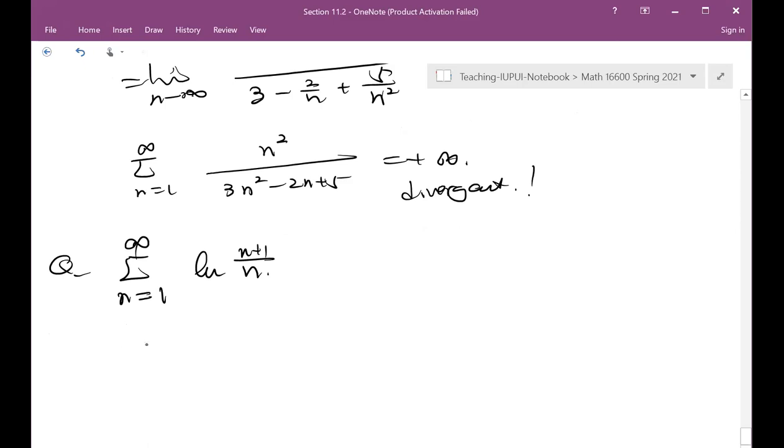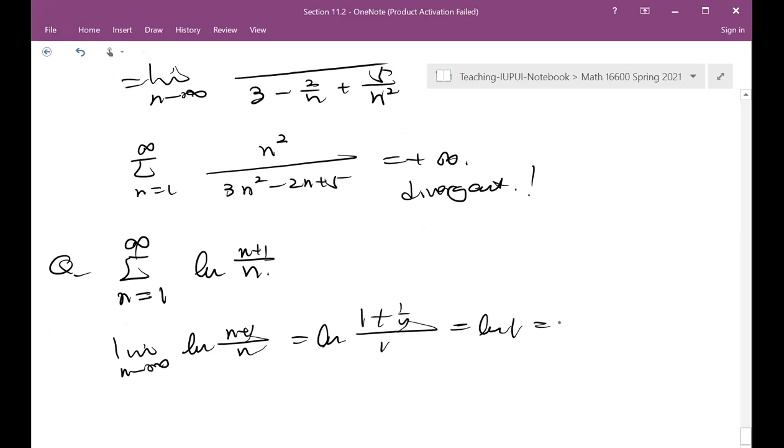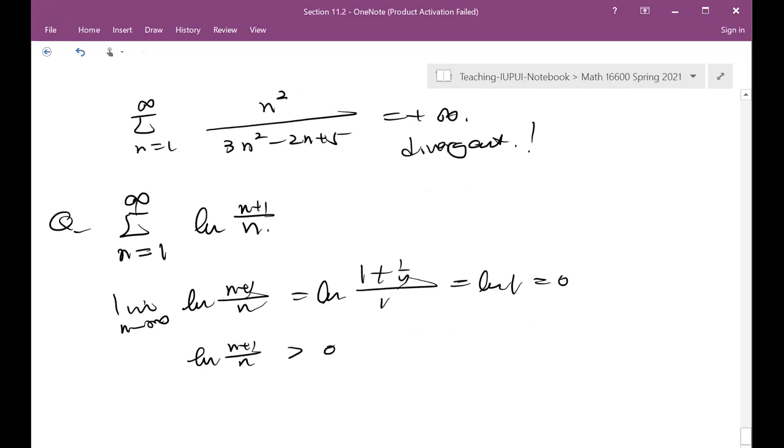Look, the nth term is natural log of (n plus 1) over n. As n goes to infinity, that's natural log of 1, which is 0. So the nth term approaches 0. The nth term is always positive because (n plus 1) over n is greater than 1.